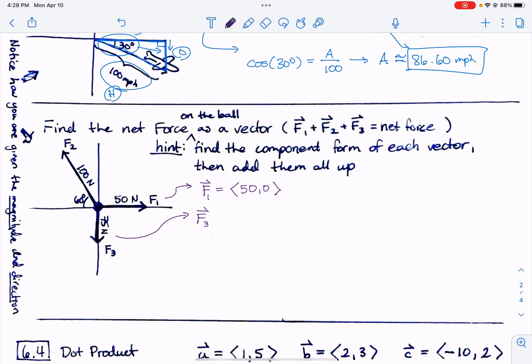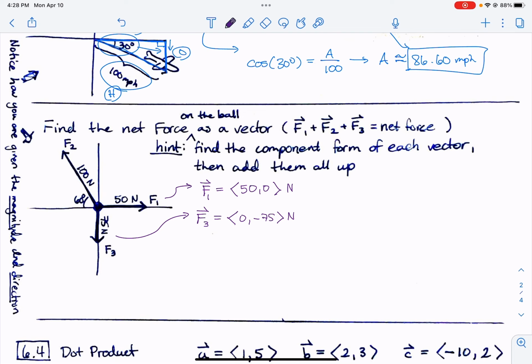F3, the third force, well, it's an arrow going down by 75. That's going to be 0 comma negative 75. And remember, all these have units of newtons, so we could put those as well. Because the downward direction on the y-axis is negative. It's just like with points.